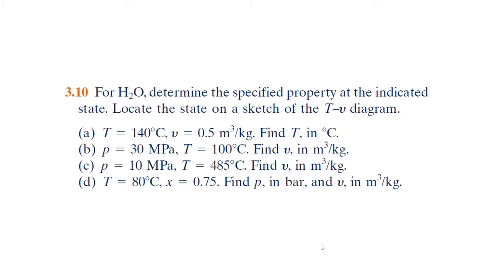So in the previous class, we started evaluating properties. We started to find properties. And the one thing that we learned about it was that if we know two independent properties, we can find other properties.